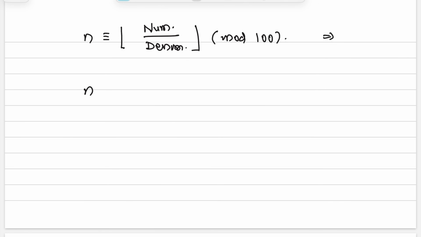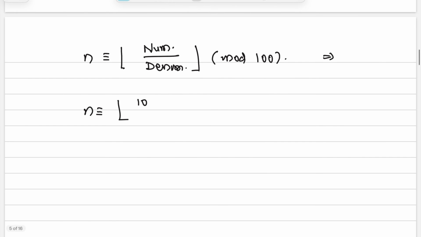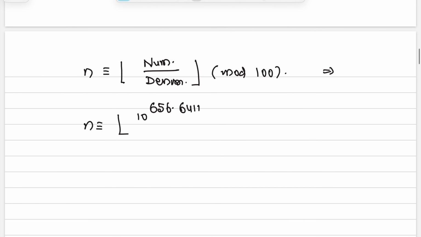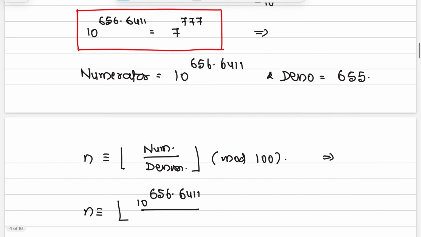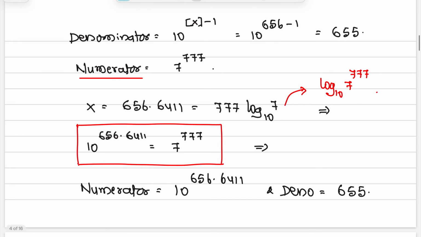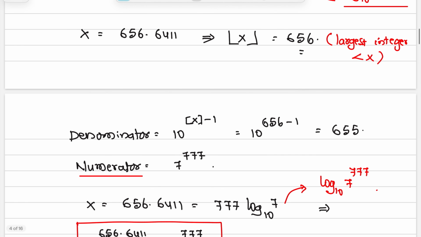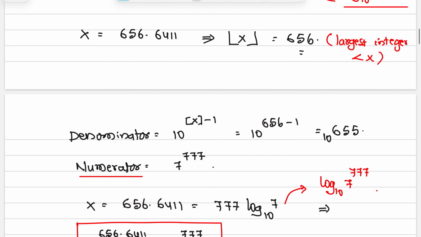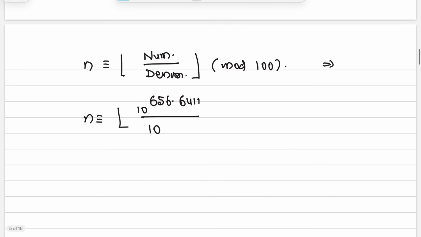What is the numerator value we have got? 10 to the power of 656.6411 divided by the denominator, 10 to the power of 655. This is mod 100.